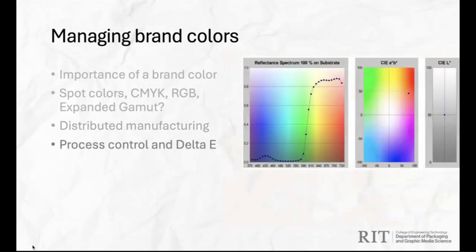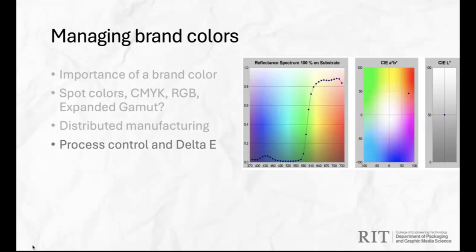In most cases, colors are spec'd in what's called the CIELAB color space. Spot colors may include spectral data too in a CXF file. A tolerance is also specified, such as 3.0 delta E 2000, indicating the allowable variation.